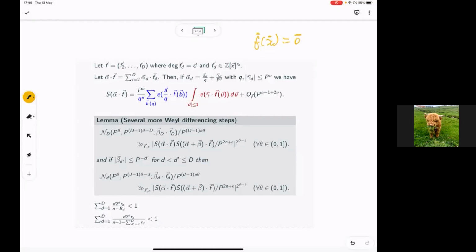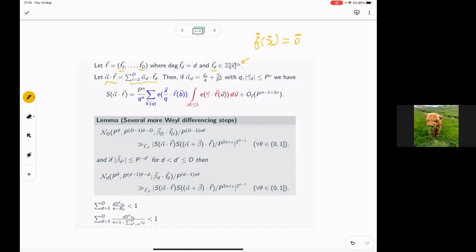So write f2 for the part of f consisting of forms with degree 2, and so on up to f capital D for forms with degree capital D, which is supposed to be the largest degree that we see. And for each little d, for each degree, we'll say that there's r subscript little d forms with that degree.